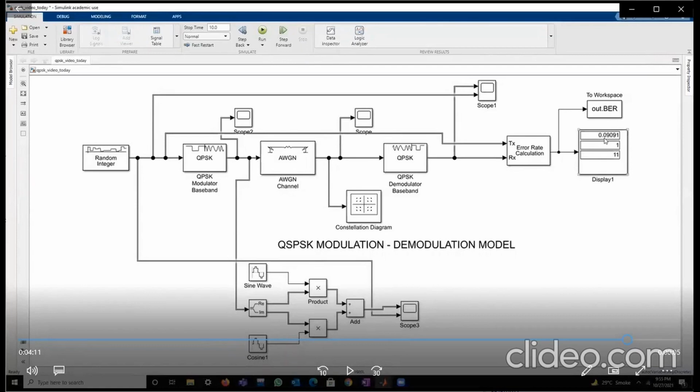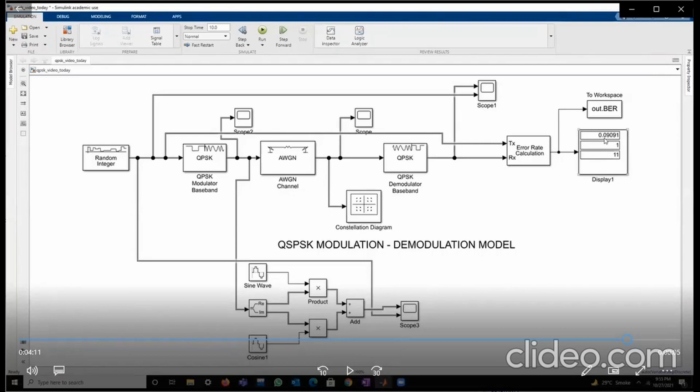So here we observe that the total number of error bits generated during this transmission is 1 and the total number of bits transmitted is 11. So the BER according to the formula will be 1 by 11, which is 0.09.